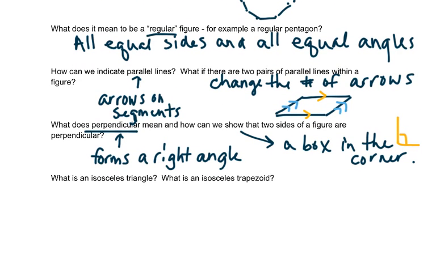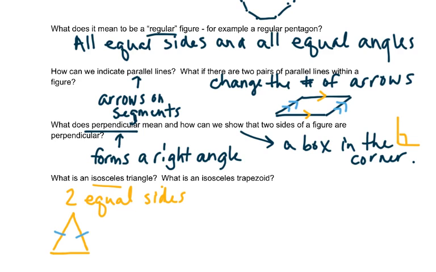All right, and what is an isosceles triangle? An isosceles triangle has two equal sides. So an example would be there where two sides are equal, and we're going to show equal sides by their markings there.